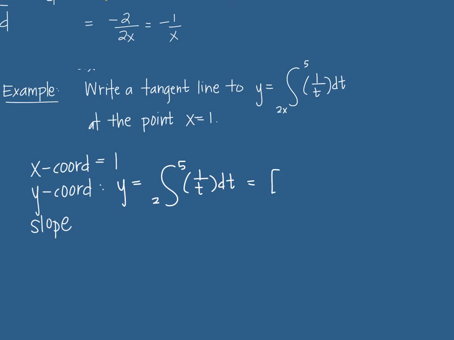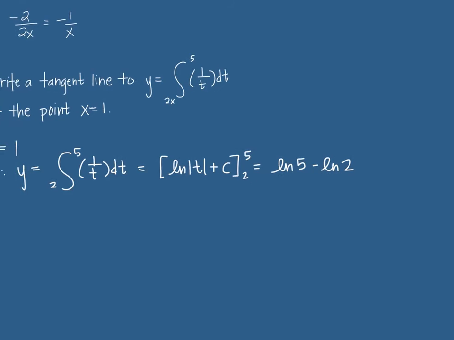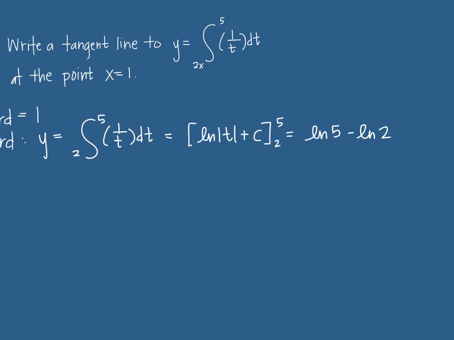So the fundamental theorem says if they're not variables, then do your antiderivative, which is the natural log of t plus c, going from bounds 2 to 5, which will be the natural log of 5 plus c minus the natural log of 2 minus c. So I'm just skipping the plus c minus c part right now. There's my y, because both of the bounds were numbers. So I used fundamental theorem part 1.